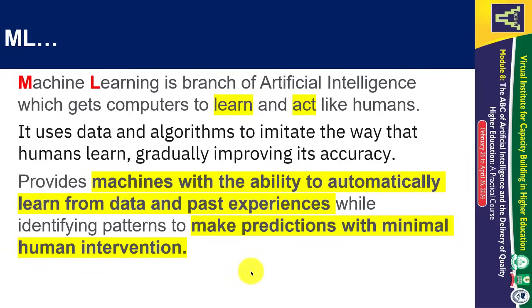Big grammar, let me tell you what it means. It means that you have a machine, you train it, it's learning. And when it has learned up to a particular stage, it can then be deployed to perform some tasks, to act like humans.